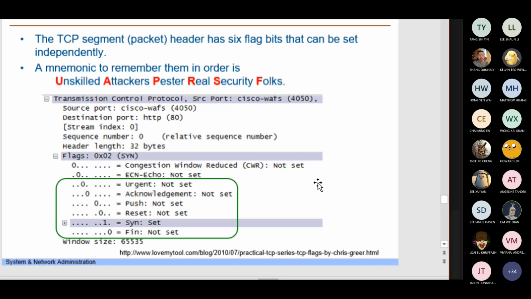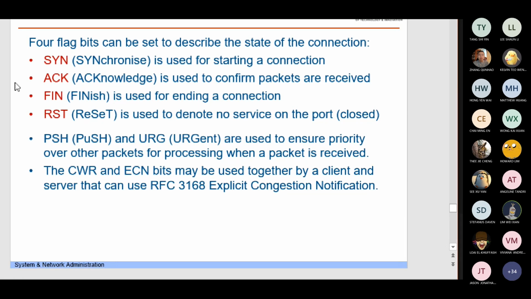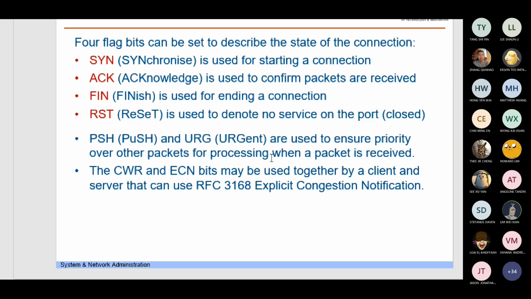So how do we tell? Just a little review here. These 4 flags are used by the TCP protocol itself in various combinations. Push, urg, CWR, ECN: again, an ancient protocol enhancement that nobody uses.